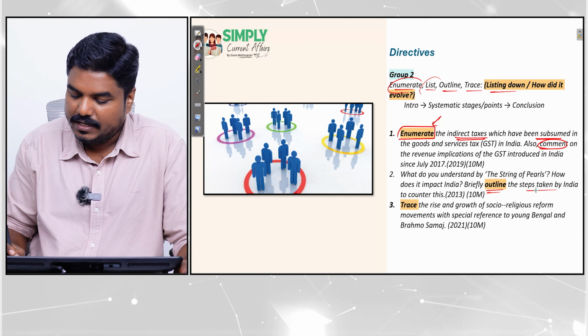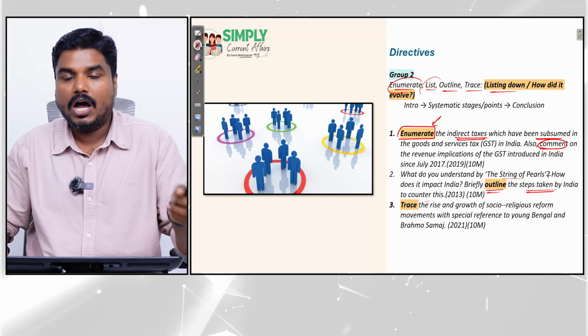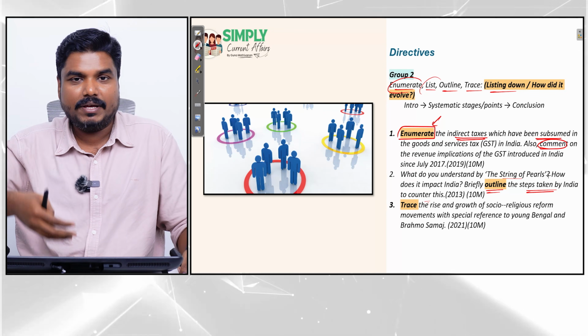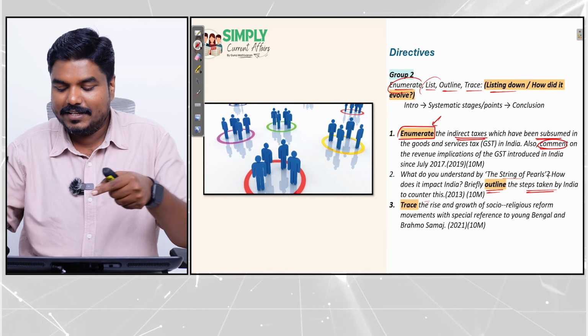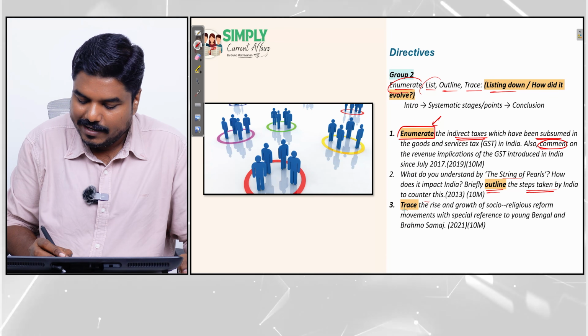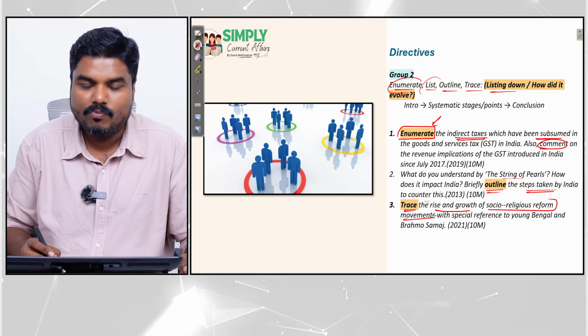Outline the steps taken by India to counter the string of pearls initiative. Outline the steps taken. That means list down the steps taken by India to counter the string of pearls. Again, it is about listing it down. Trace the rise and growth of socio-religious reform movements.